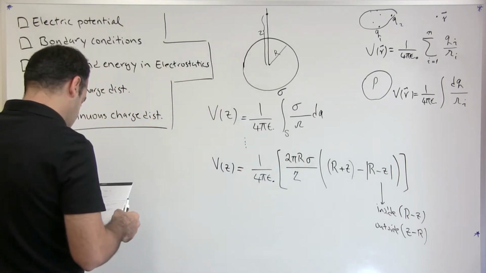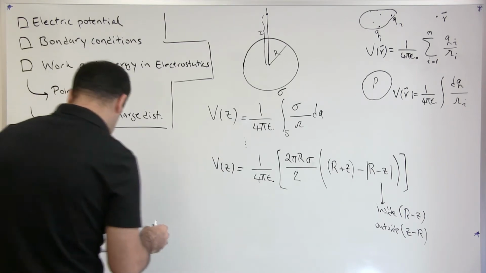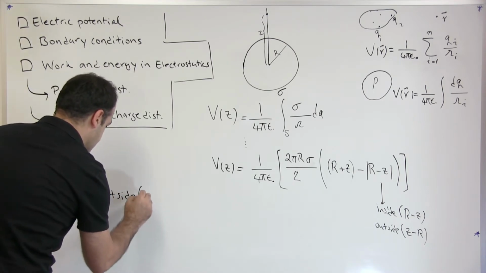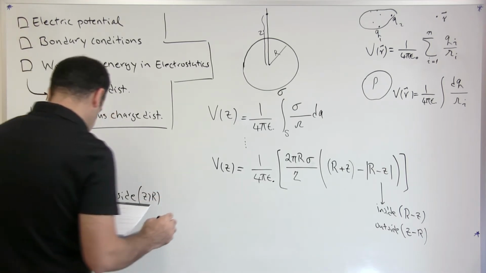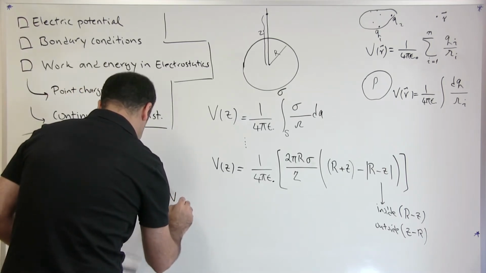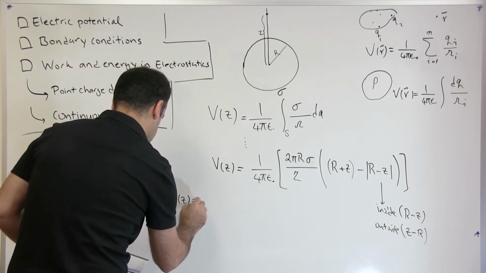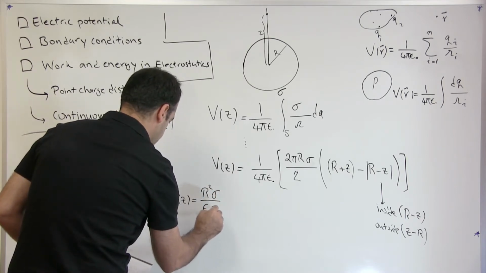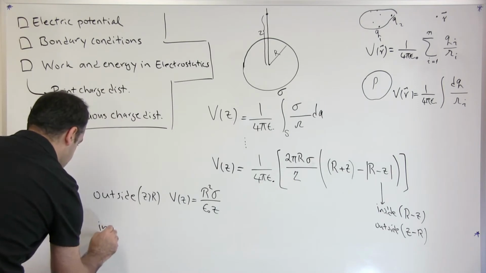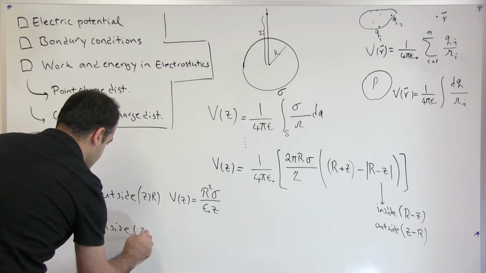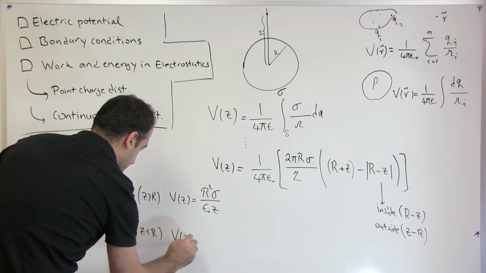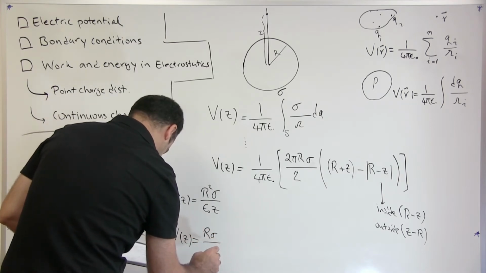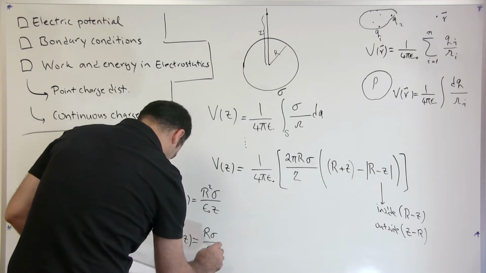So with that consideration, if we are outside, where z is greater than R, the potential is R squared sigma over epsilon 0 z, and inside, where z is smaller than R, Vz is R sigma over epsilon 0.